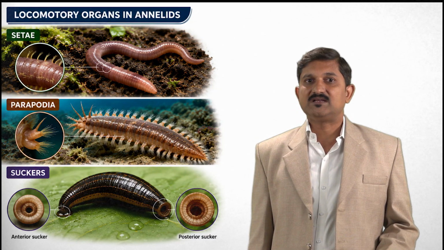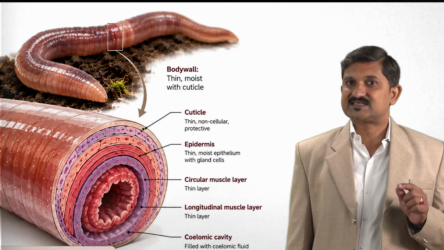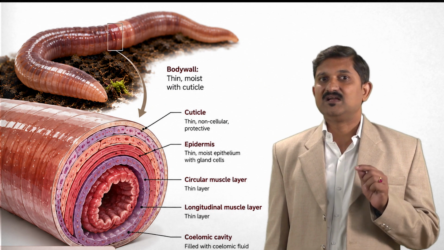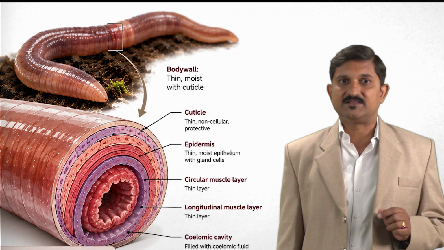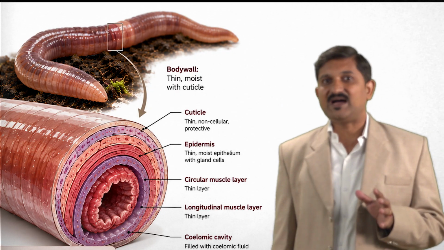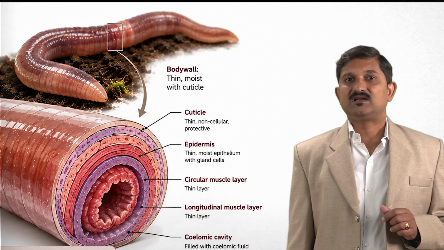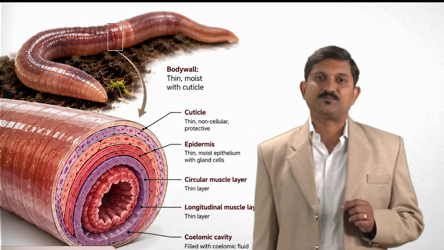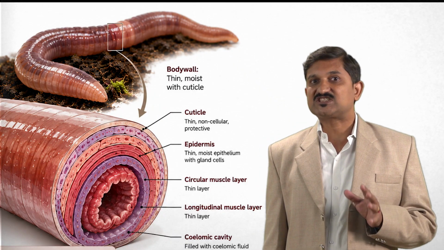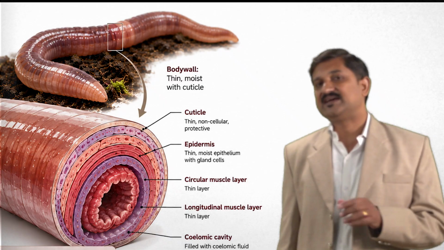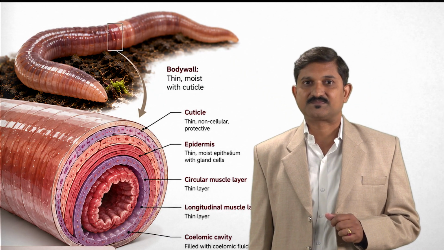The body wall in case of annelids is thin and moist, containing a non-cellular cuticle. This is lined by a single layer of epidermis and circular and longitudinal muscles. These muscles are smooth, highly contractile, and thus they help in locomotion.